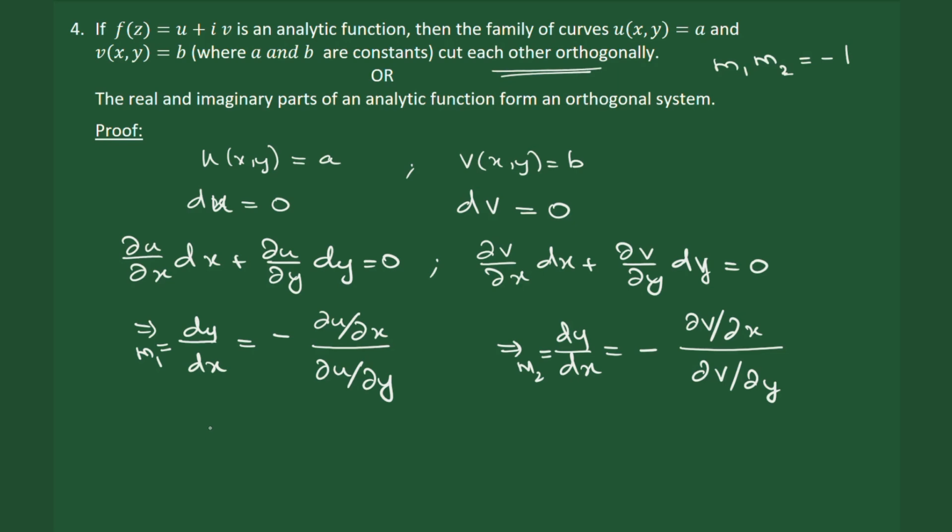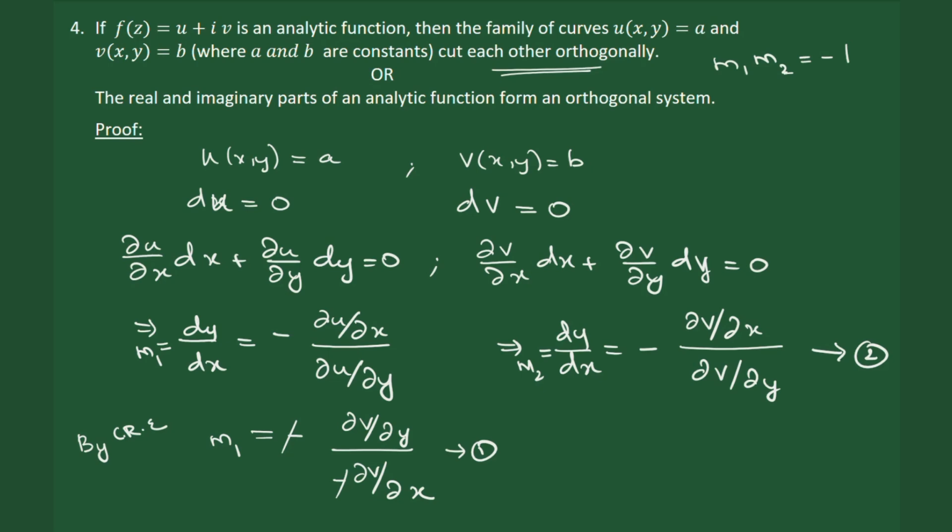So dou u by dou x can be written as dou v by dou y, and dou u by dou y can be written as minus dou v by dou x, by the Cauchy-Riemann equations. So m1 can be written like this, and the minus and minus get cancelled. Let this be equation 1 and this m2 be equation 2.